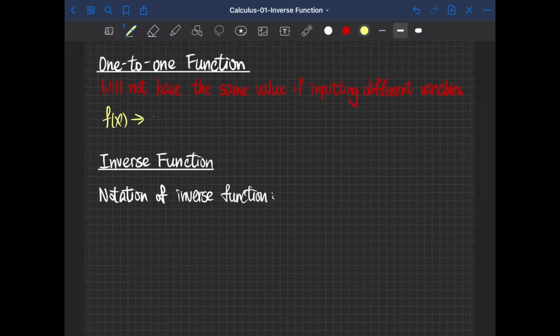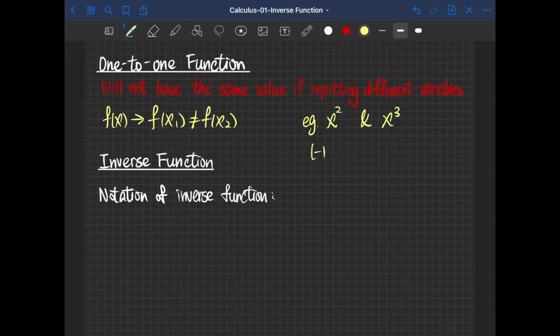Then it will be f(x1) not equal to f(x2). We can have an example of x squared and x cubed. We can try -1 and +1 inside the function.